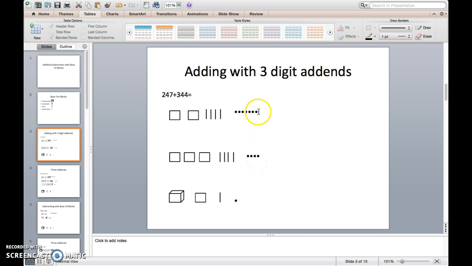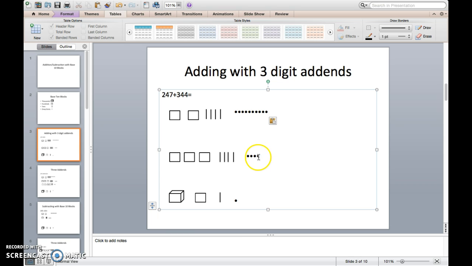I am going to add 3 of my units up here and then get rid of them down here. So now I have 1, 2, 3, 4, 5, 6, 7, 8, 9, 10.